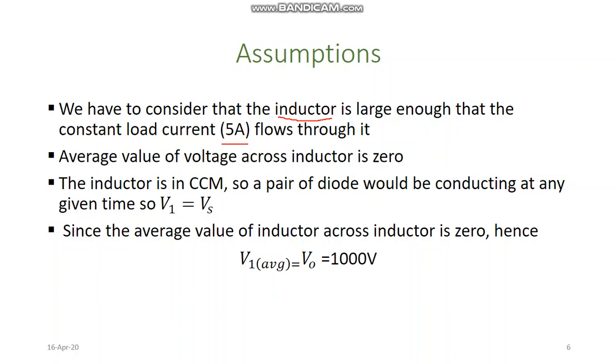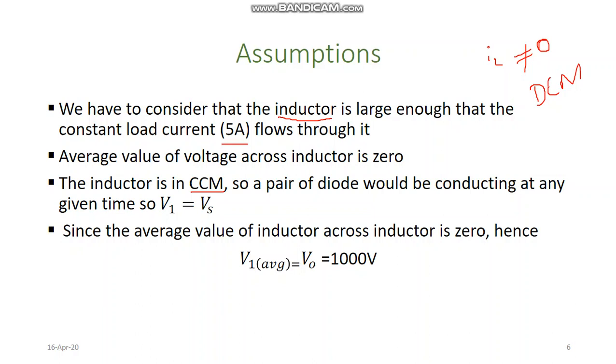The inductor is in continuous conduction mode. Continuous conduction mode is the mode in which the current through the inductor, IL, is greater than 0. If this condition is violated, that is, IL is less than or equal to 0, then we can say that the inductor has gone into discontinuous conduction mode, or DCM.